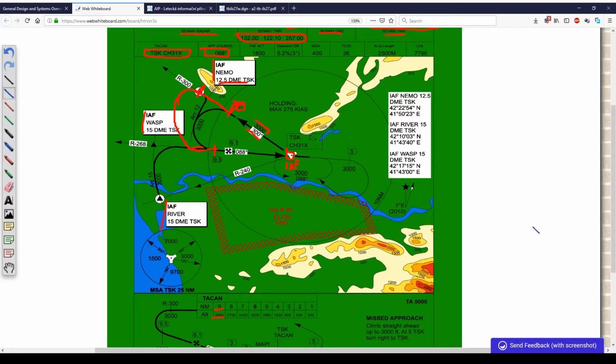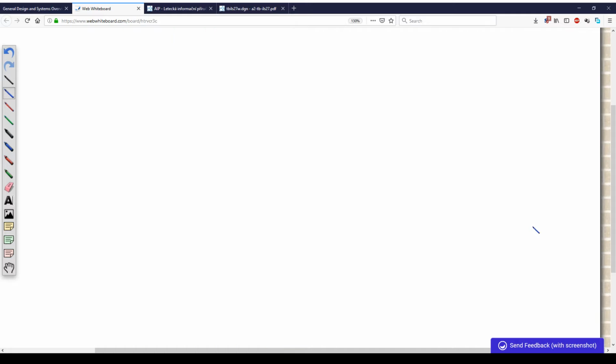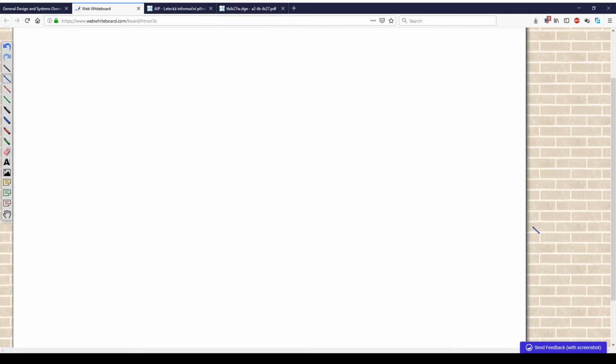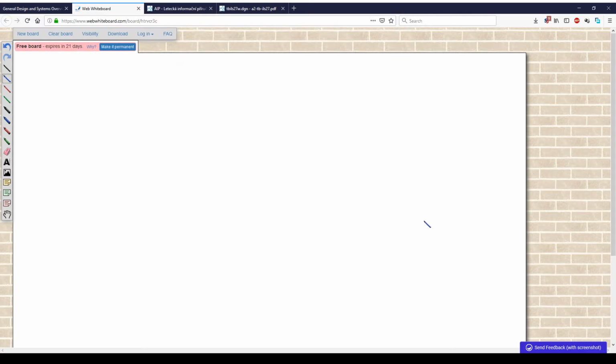I will clear the board. So we have some airfield, some airfield reference point. I see that there is a text thing. Hold on. Yeah, it works.